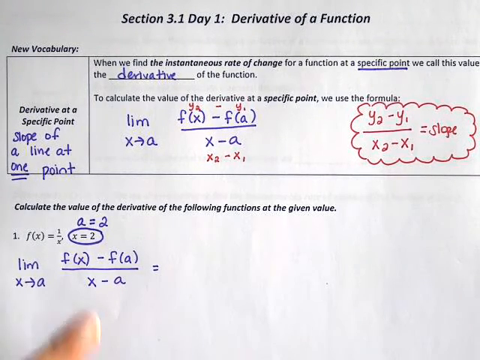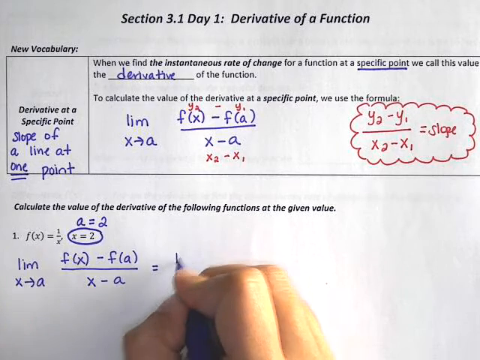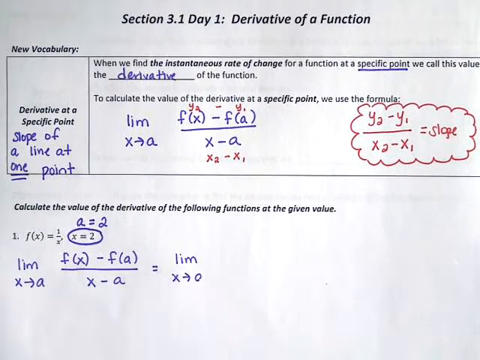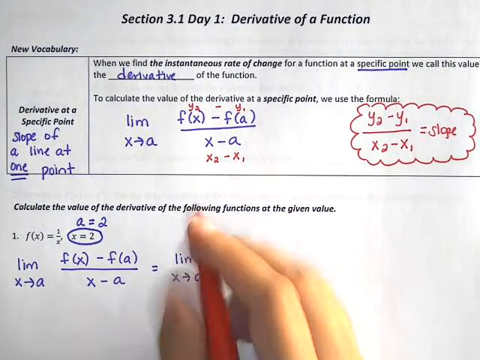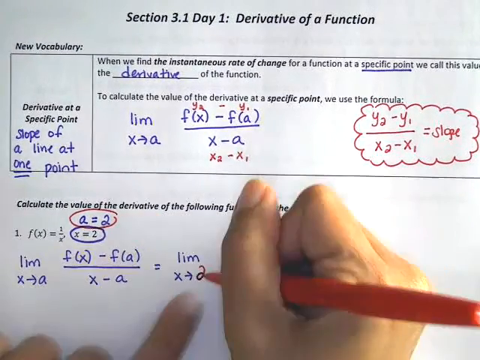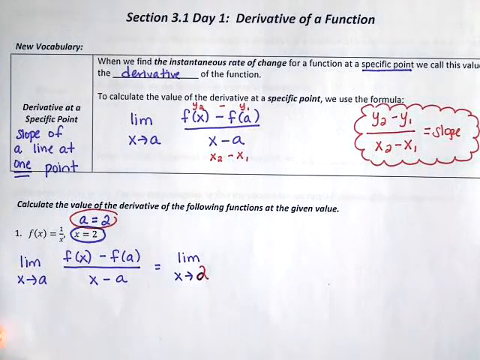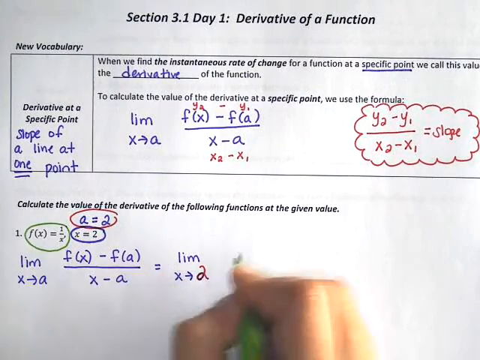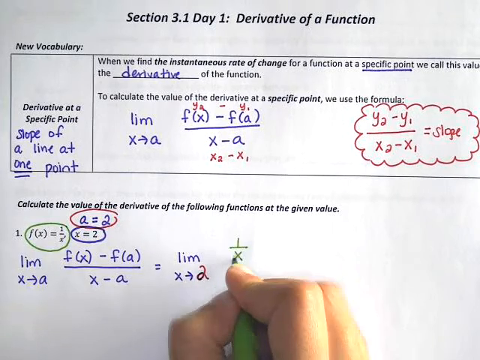When we apply this formula to this specific problem, we would have the limit as x approaches 2, because in this problem, a is 2. Then we would have f of x. Now you'll notice that it says here that f of x is 1 over x. So I'm going to put 1 over x here.